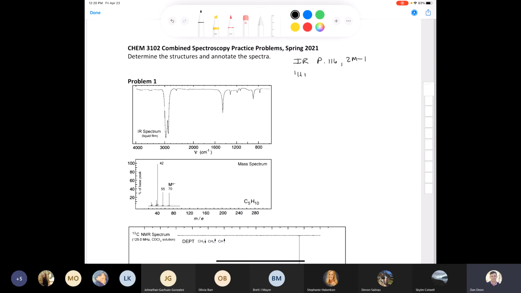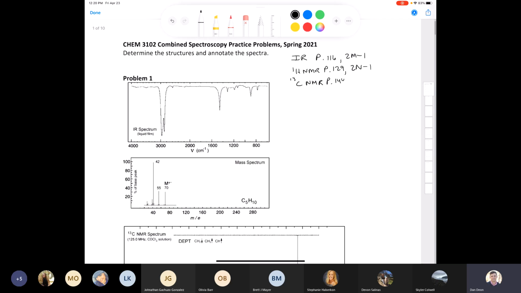The proton NMR shifts are on page 129, and that is table 2N-1. And the carbon-13 NMR chemical shifts are on page 144, and it's table 2N-3. So I would recommend that you follow these tables for looking at the infrared and the proton spectra.